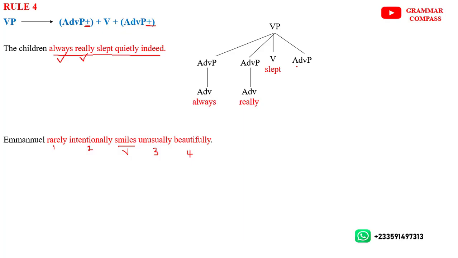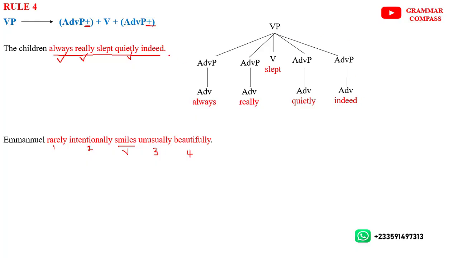This adverb phrase quietly consists of a single word adverb quietly, and then the last one will be another adverb phrase, that is indeed. So we are done with quietly. Moving on to indeed. Indeed is also an adverb phrase that is qualifying the verb head slept. So this adverb phrase indeed is made up of an adverb, that is indeed.